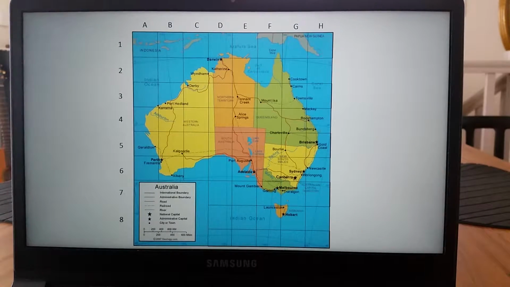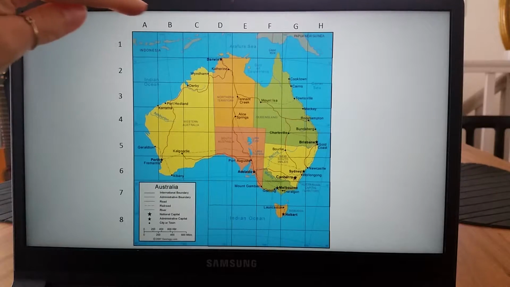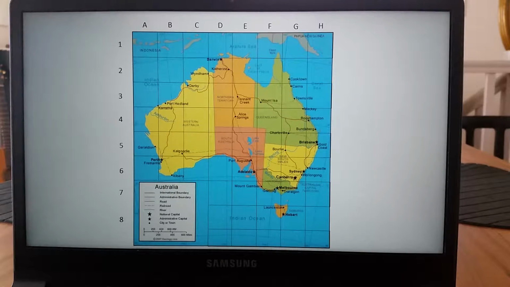So this grid system with the references here is very handy to use to locate things on the map. So for example, if I wanted to tell you where to look on the map to find Darwin, I could tell you to look in the box that corresponds with the reference D2.